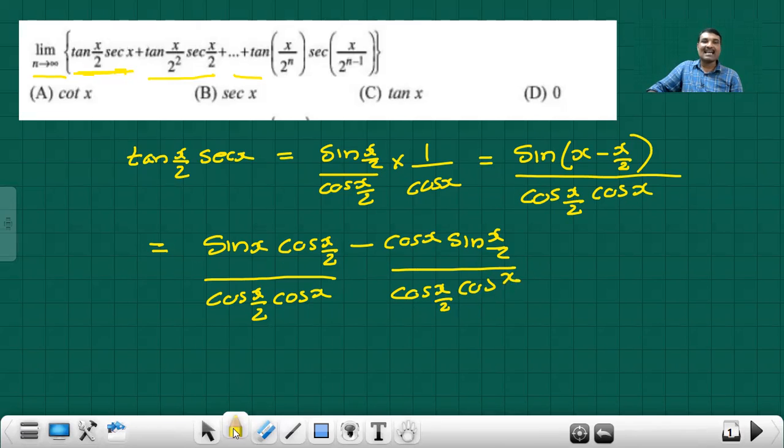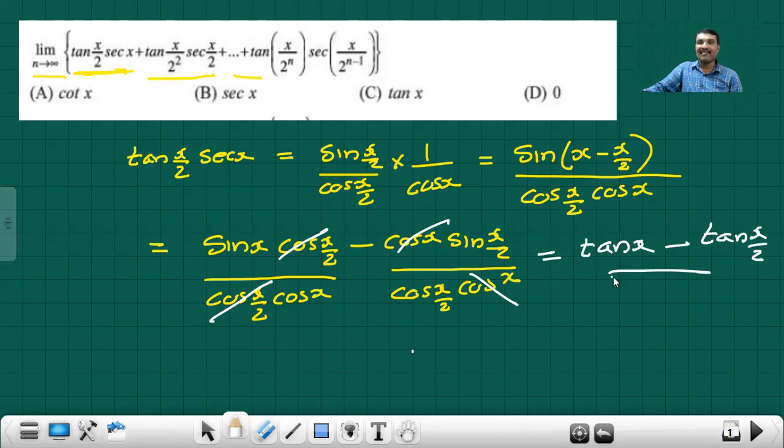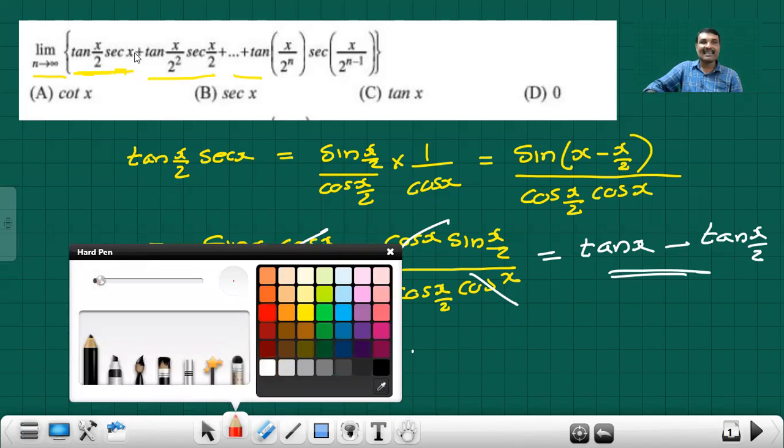Now we can cancel the common terms. Here cos x by 2 and cos x by 2 will cancel, and cos x and cos x will cancel. So this is equal to tan x minus tan x by 2. Now consider the second term.